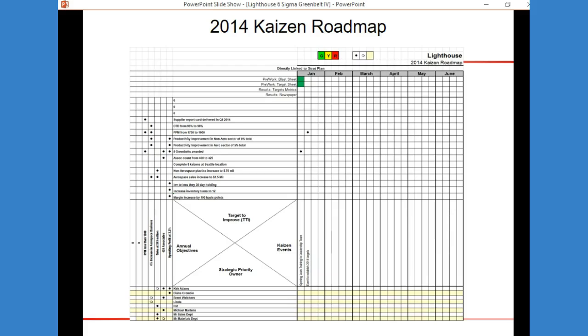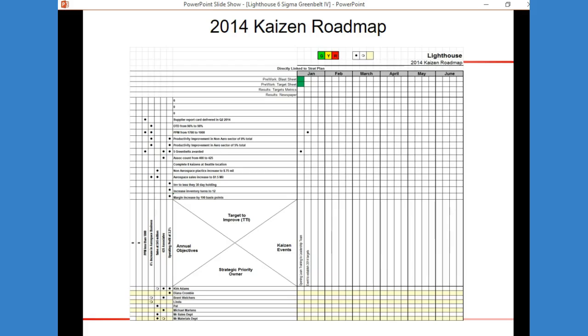Now, anything that's not hitting a target, I can schedule a Kaizen event. I can show the status of that Kaizen event. And again, I've got names down here from the previous sheet that says who the owner is. So what this does is help you prioritize your Kaizen events all around your Hoshin Plan.